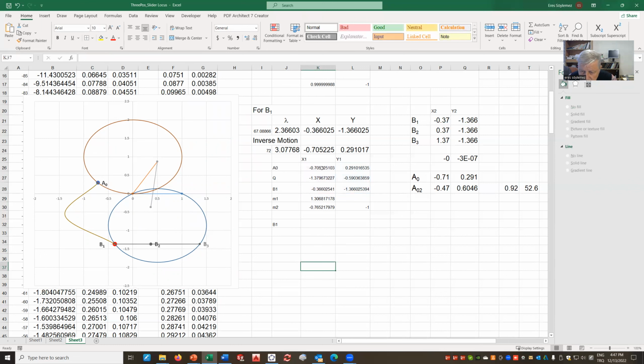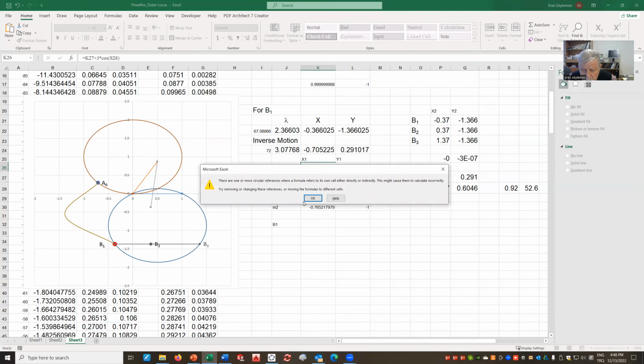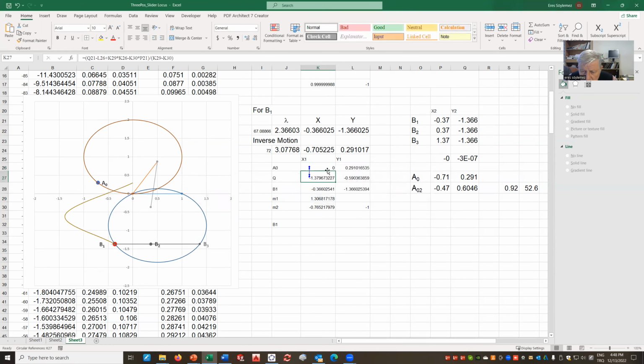I'm going to use, now since I have determined Q, Q1 actually, is equal to Q plus, let me take 4 units or 3 units, times cosine of the angle it makes with respect to the horizontal. Oh.